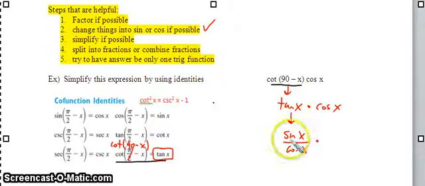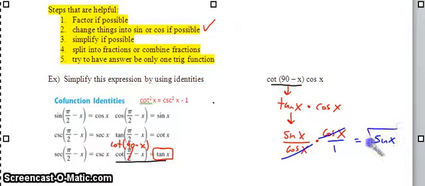So if I change tangent into that, what will happen when I multiply by the cosine is that this is really cosine over 1. These will cancel out and I'll be left with just the sine. And so I was able to take these 2 identities multiplied together and change it to just one identity, which is the sine. So again, I'm going to use that formula sheet to find an identity that I can make a substitution into, and then I'm going to try to do any of these steps that I possibly can.